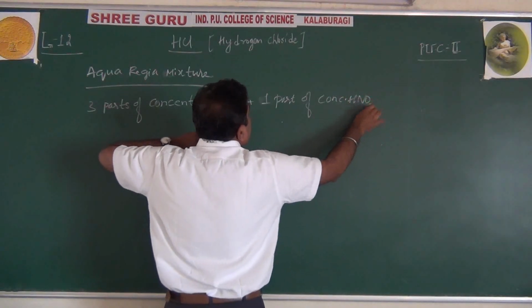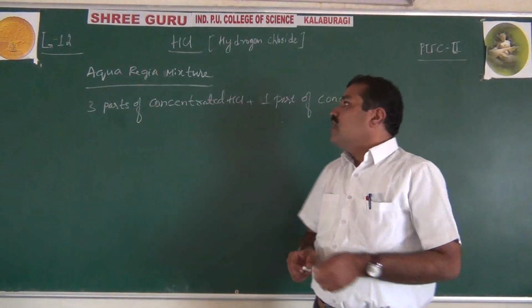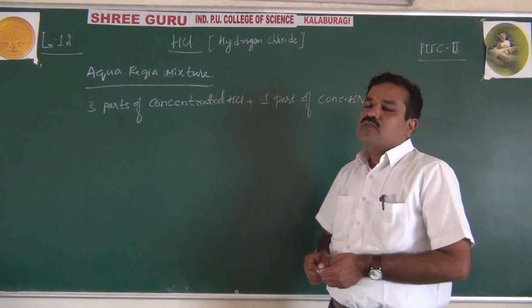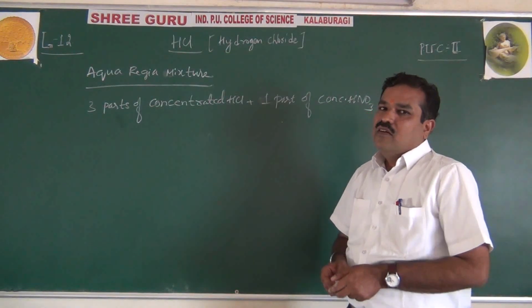This mixture is called aqua regia mixture. It is used to dissolve noble metals like gold and platinum, not silver.